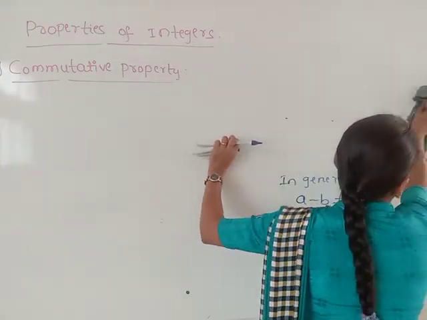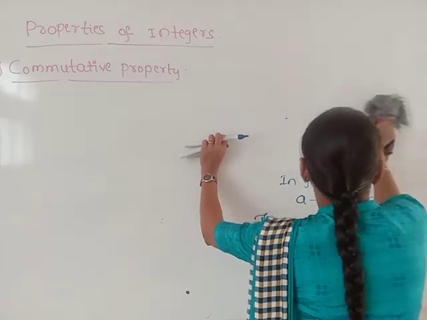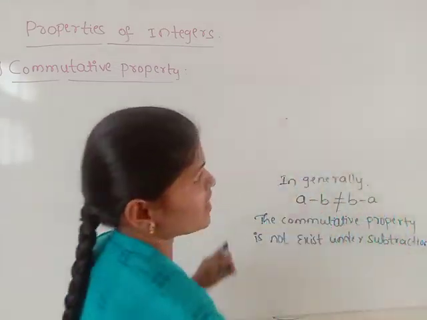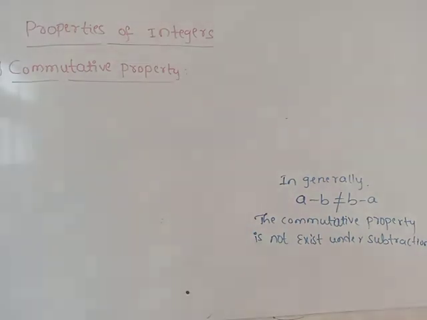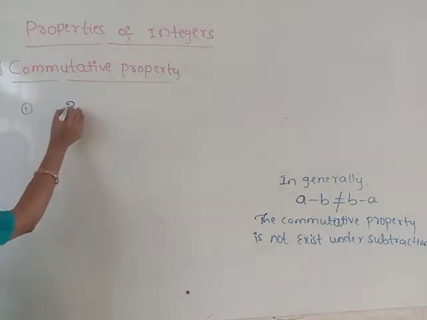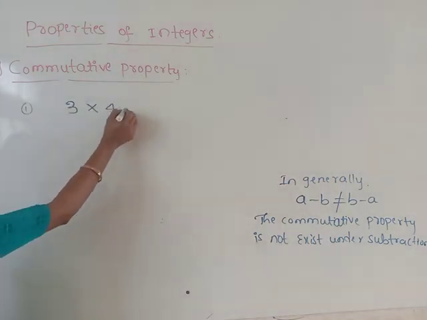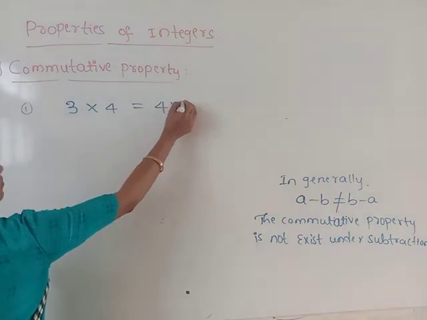Let's take the commutative property under multiplication. Whether it exists or not, we have to check it. For that purpose, I will take an example where both are positive integers: 3 into 4, whether it is equal to 4 into 3.